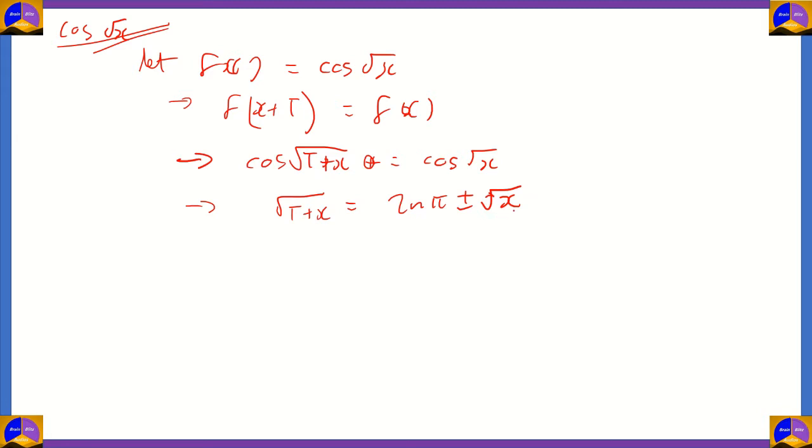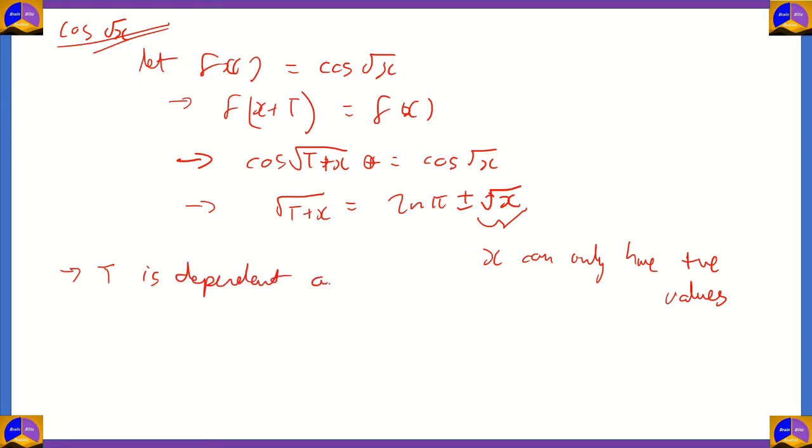Now here you notice that in root x, x can only have positive values. So therefore t is always dependent on x. T is dependent on x at all values.